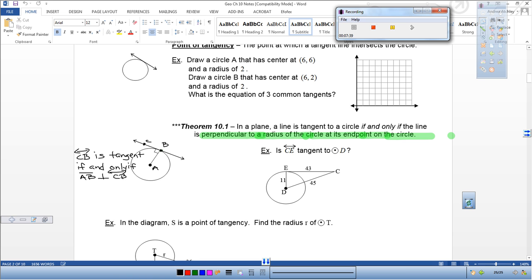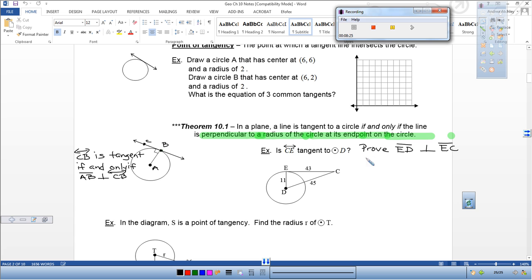Okay, so the other one they're saying is C tangent to circle B. In order to prove that, we need to prove that these are perpendicular. EB is perpendicular to EC. Any questions over that?